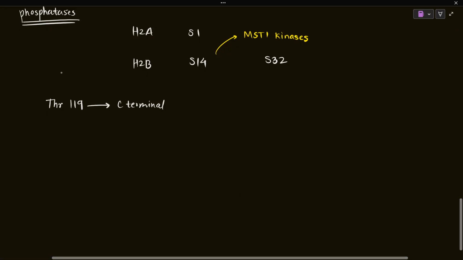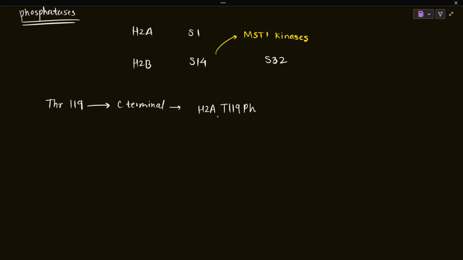This 119th threonine residue also gets phosphorylated, so we can write it as T119 pH. This is on the protein H2A, at the C terminal. That is why this is a very important one, because generally on the C terminal, histone modifications are not done. So this is a very nice example.